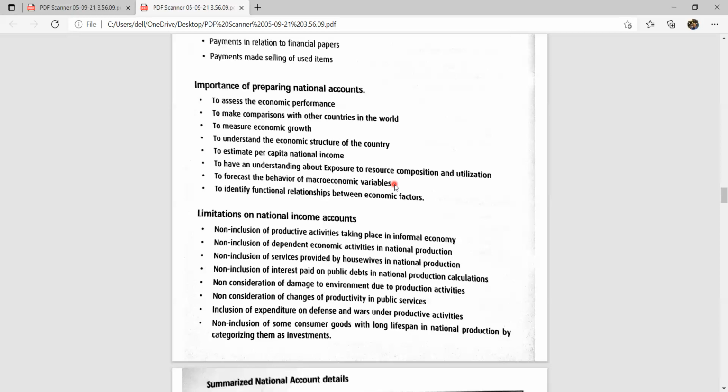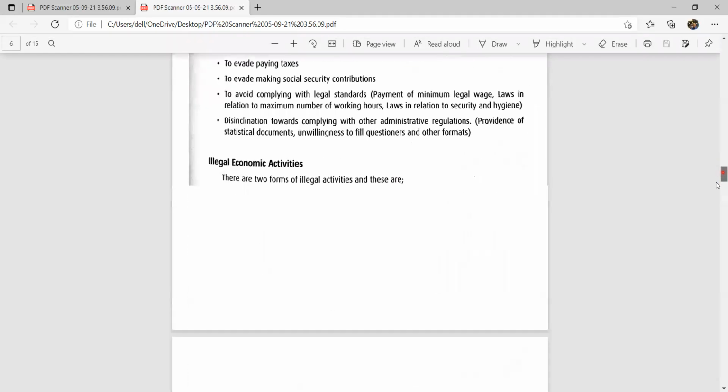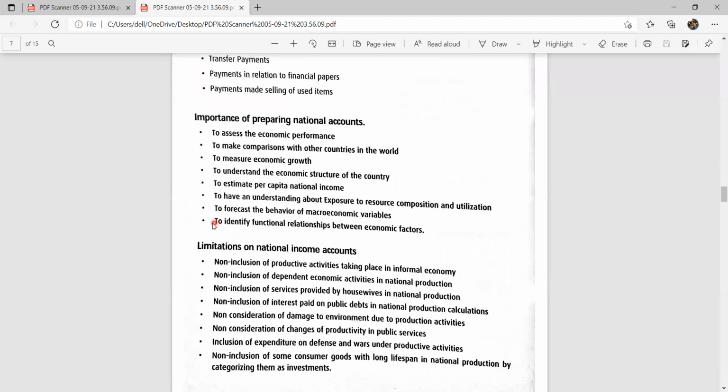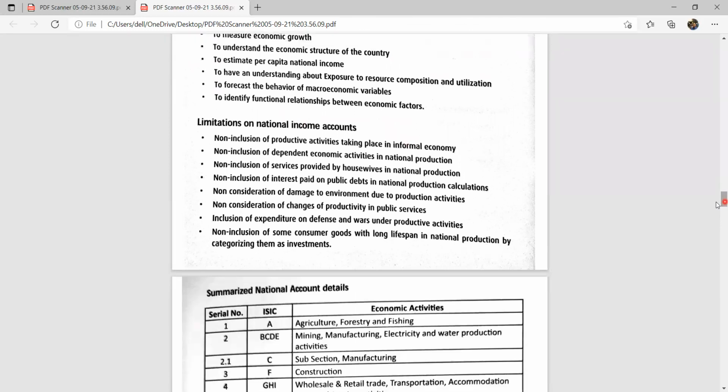Then the central bank or other economists in the country can predict the future. Even recently, the head of the central bank decided to resign because it was quite difficult to control such economic downfall. Everything can be revealed by considering national accounts. Thereafter, to identify functional relationships between economic factors like savings, consumption, investment.